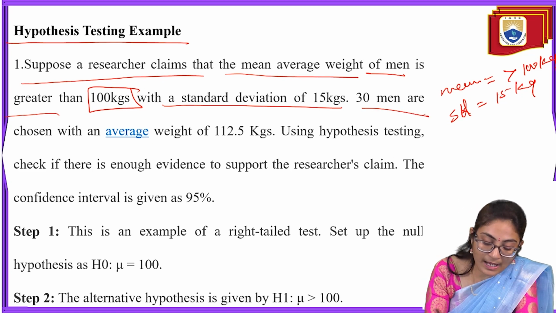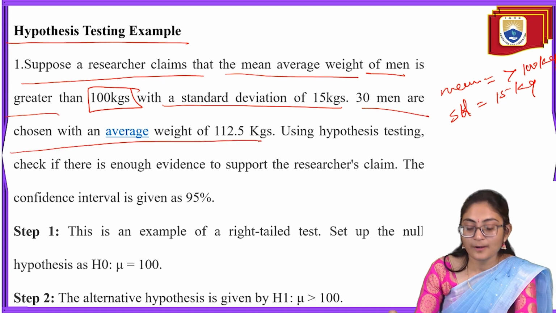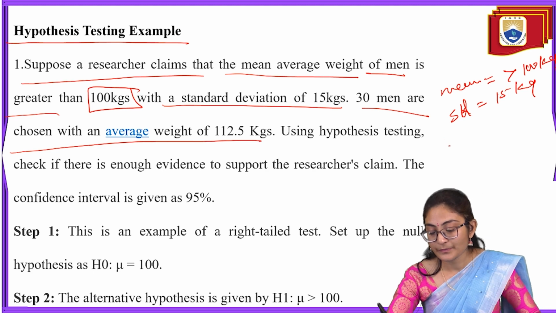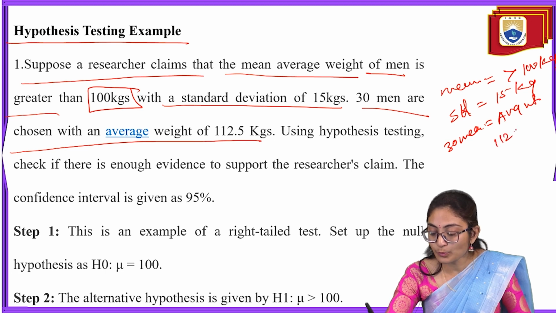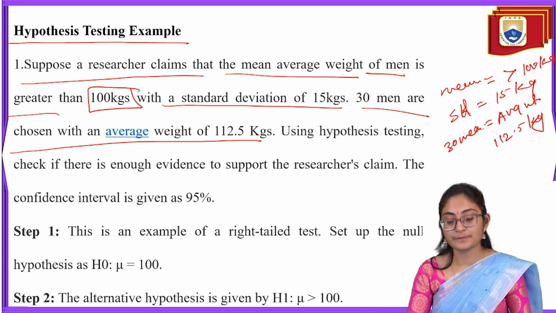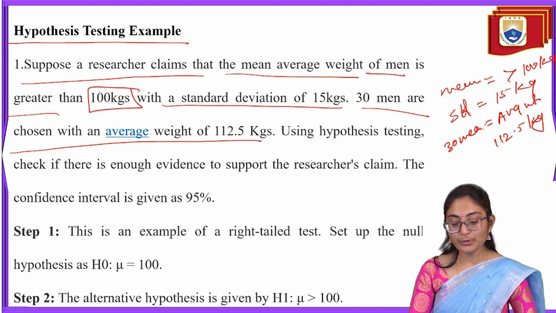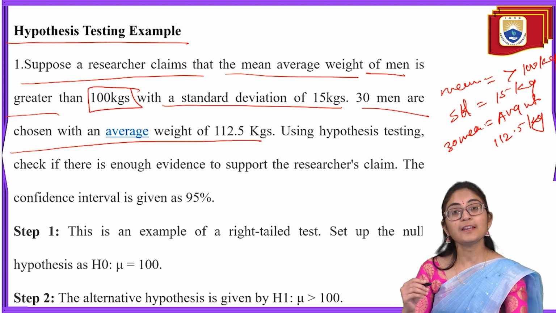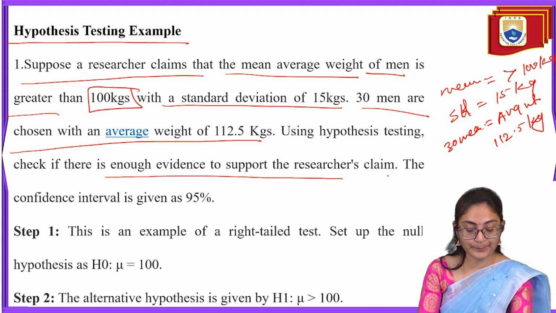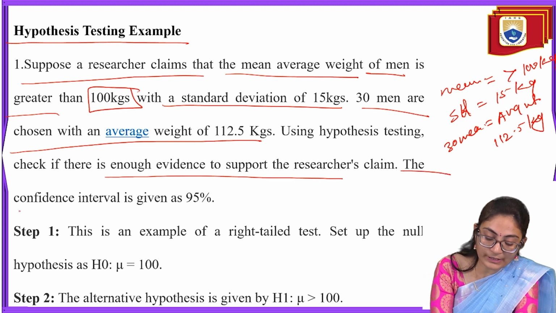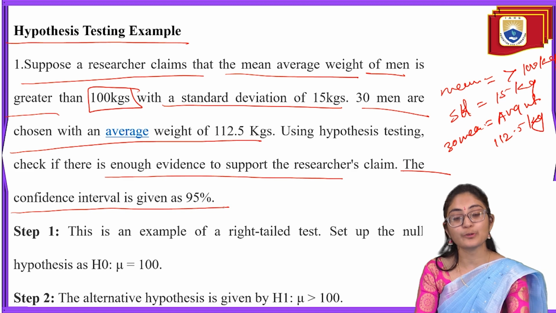Now 30 men are chosen with average weight 112.5 kg. Using hypothesis testing, check if there is enough evidence to support the researcher's claim. Here the confidence interval is given as 95%.